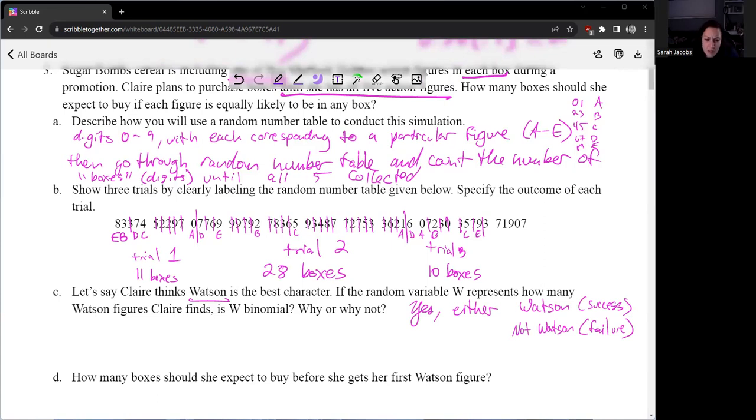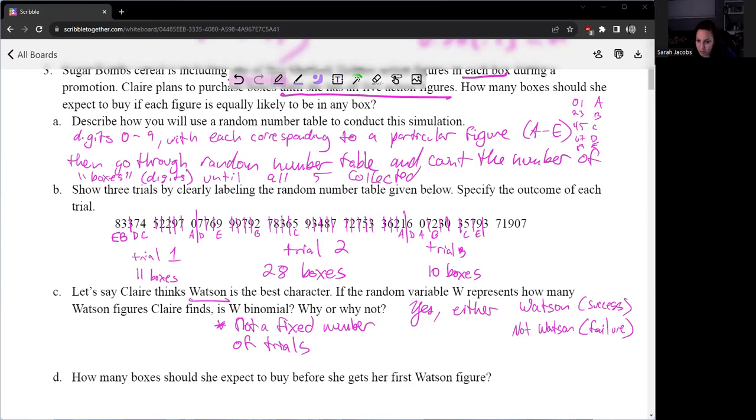The one caveat being there's not a fixed number of trials. So we could set this up like if we said in 20 boxes, what's the probability that Claire finds 6 Watson figures or 2 Watson figures or whatever we're looking for?